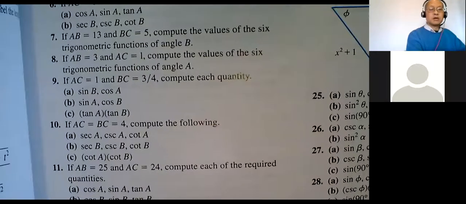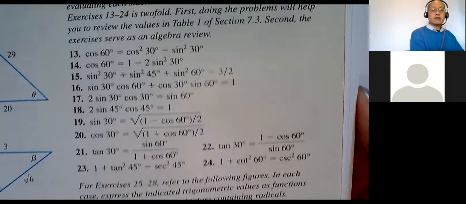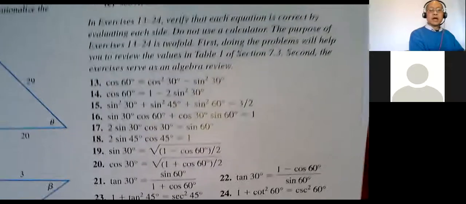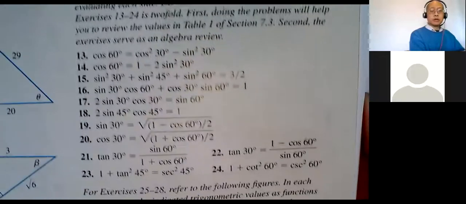7, 9, 11. Then 13 through 23, verify the identity. These are technically not to be used with a calculator. You're supposed to use the unit circle, and I'll show you how to do some of that.